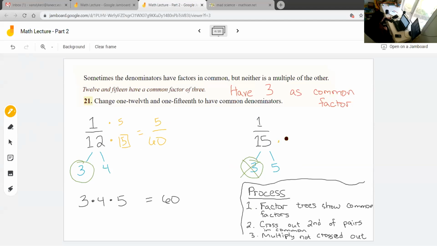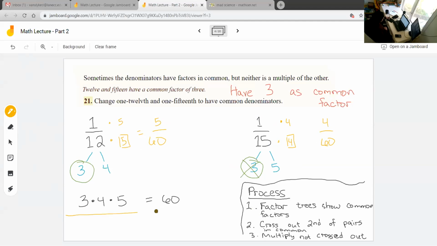And similarly, 15 times something is 60. So 4. And if I do 4 on the bottom, to be fair, I have to do it on the top.